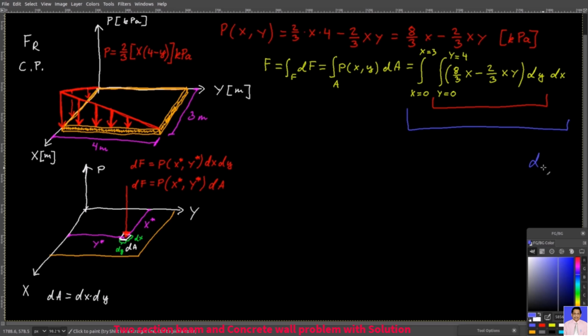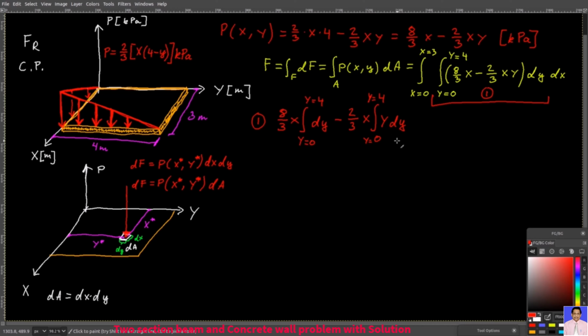If I want to write dx times dy, then my outer integral needs to have y's here and the inner integral the x's. And then I will still have my pressure function here. And so let's first evaluate the inner integral. So this is how it looks like.